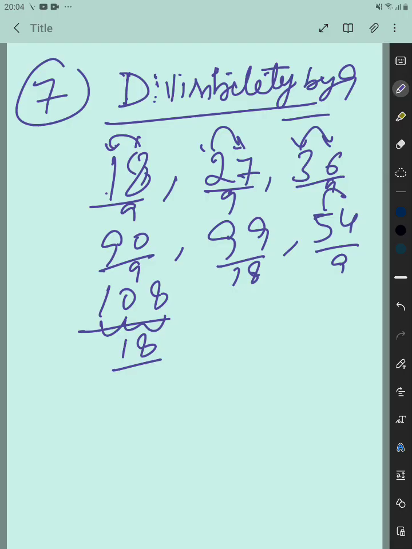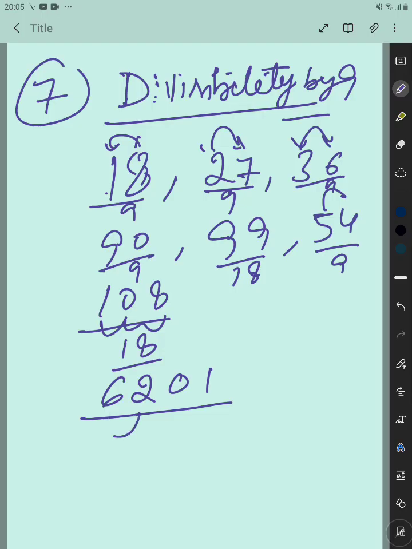So if we are getting a multiple of 9, we can have some conclusion, and we can also take some higher-digit number. I have already taken one number that is divisible by 9. Let's take 6201. This is also divisible by 9.